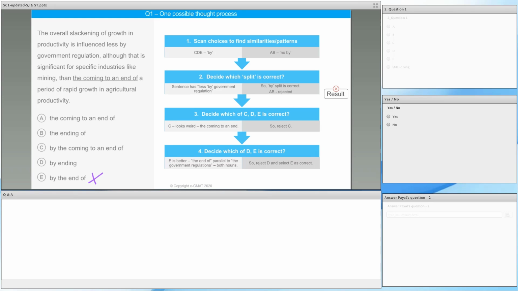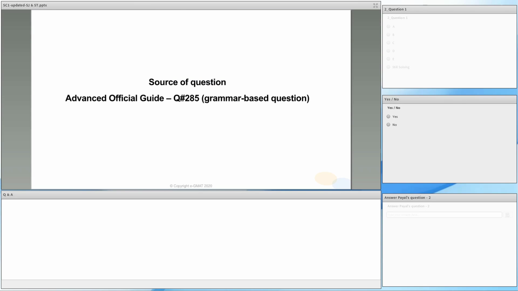So I need you to check that, and maybe a New Year's diet as far as our approach to sentence correction. No more fast food for us. We need to look at this, because these original questions, this is from the Advanced Official Guide. You do need to know some grammar to answer this question, but grammar is not the key.